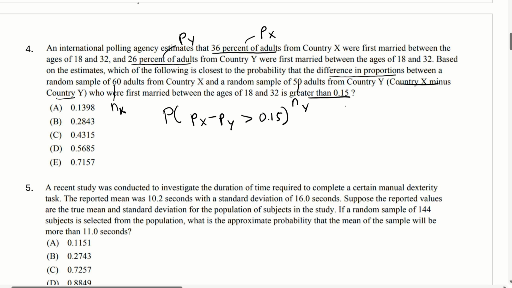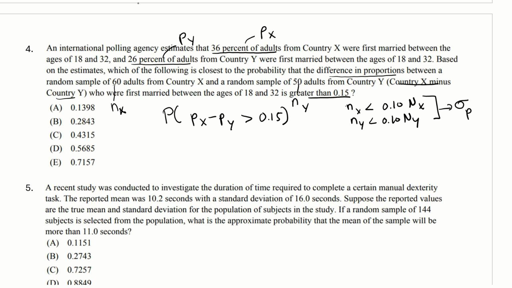Now first off, we can assume that NX and NY are both less than 10% of their respective populations. So NX is less than 10% of population X, and NY is less than 10% of population Y. Remember, if it's less than 10%, then you can use the standard deviation formula for the standard deviation of PX minus PY, which is what we're going to do here.